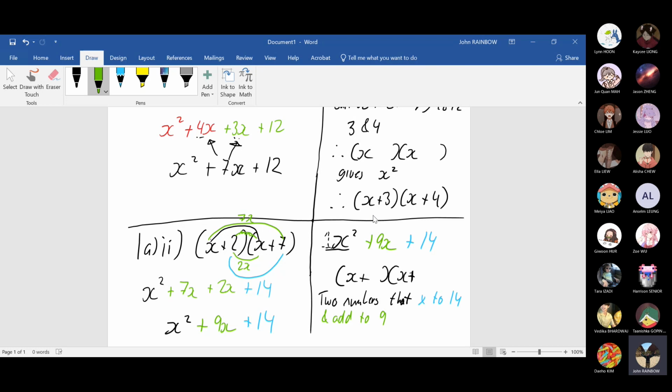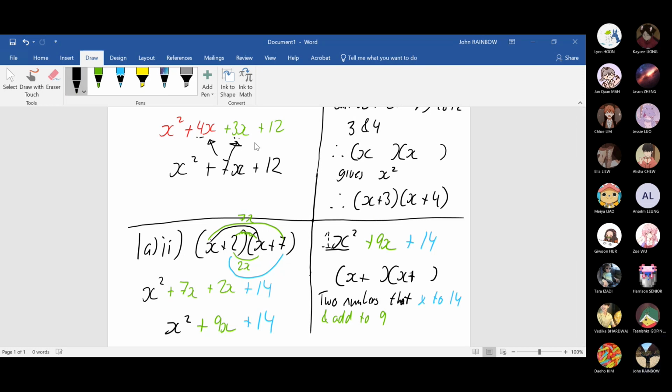So it's just going to give us, I suppose you could call it the number in front of x, which we call the coefficient of x, I should say. So that's where we're getting it from, because it comes from the multiplication of that. That's just going to give you 7 lots of x. So this by this is just going to give you however many x, and that by that is going to give you however many x.